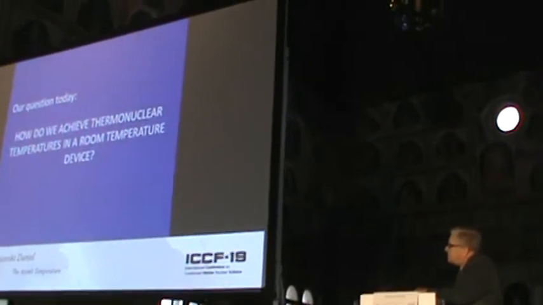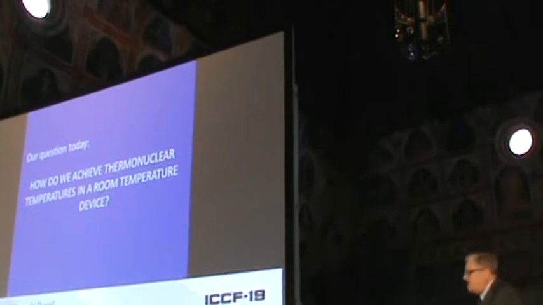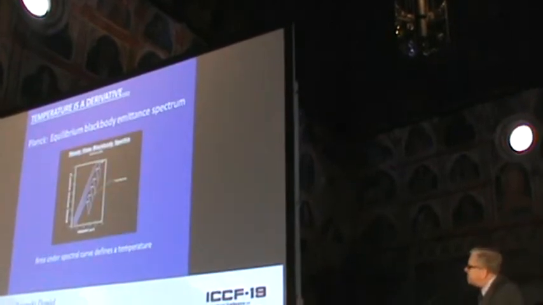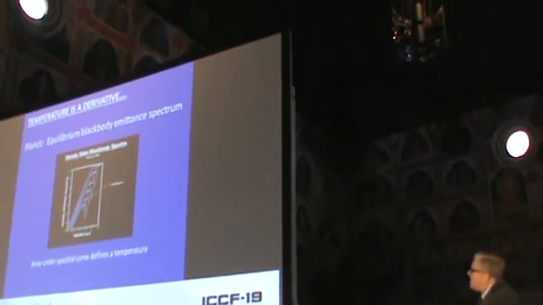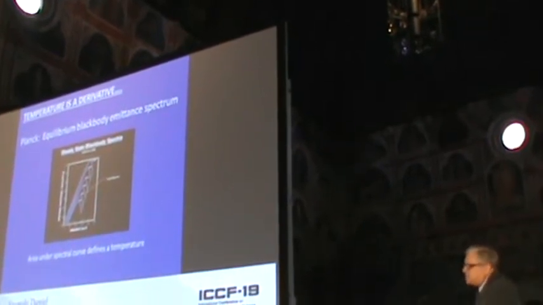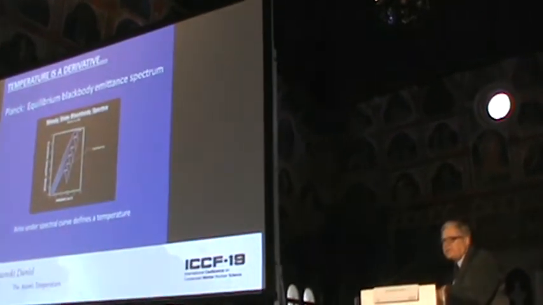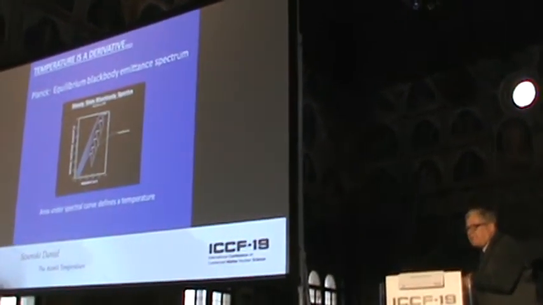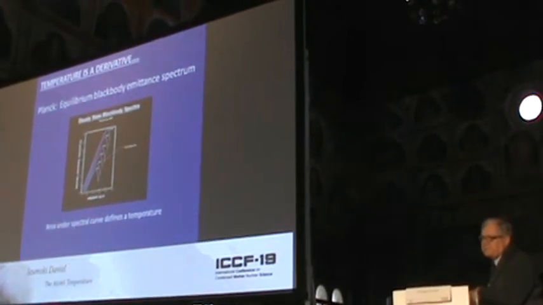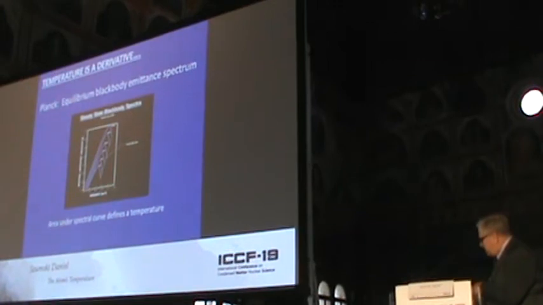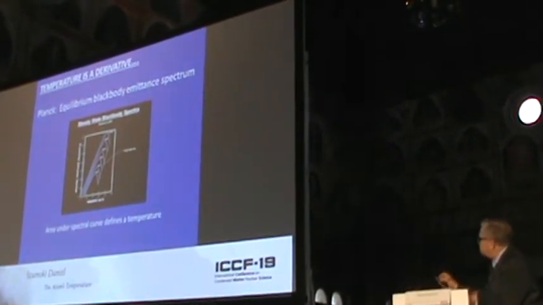The important question here is, how do you get thermonuclear temperatures in these devices? I would propose to start with Max Planck's description of temperature in his 1909 lectures at Columbia University. Paraphrasing him, temperature is a derivative.